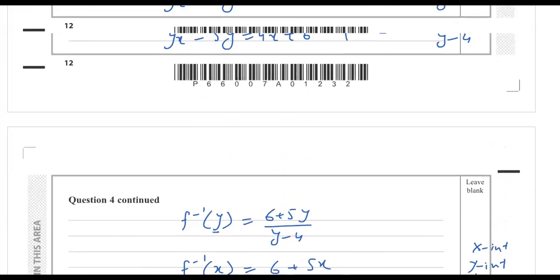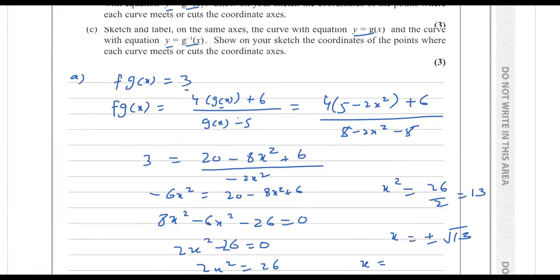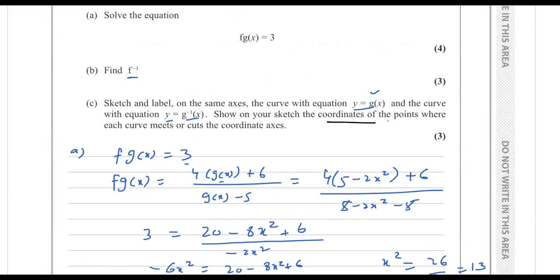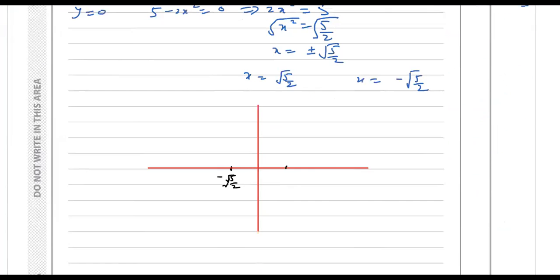As the question says, you must show on your sketch the coordinates of the points where each curve meets or cuts the coordinate axis. So this coordinate will be 0 because the y value will be 0, and this is going to be the square root of 5 over 2, and the y coordinate will be 0.